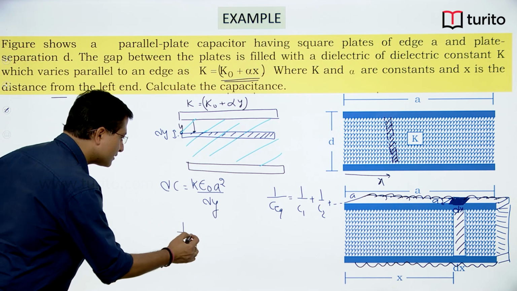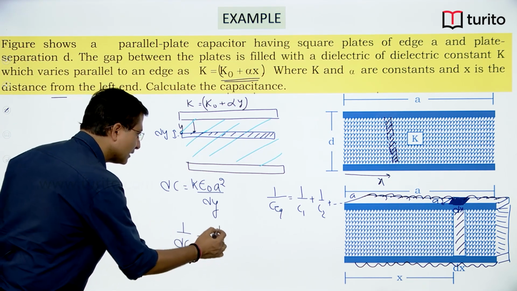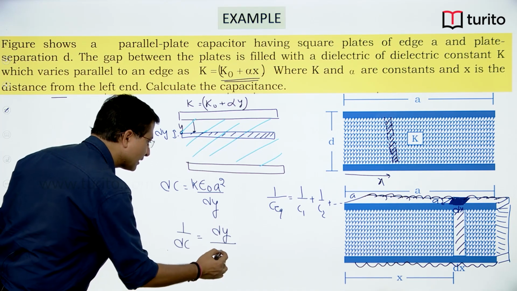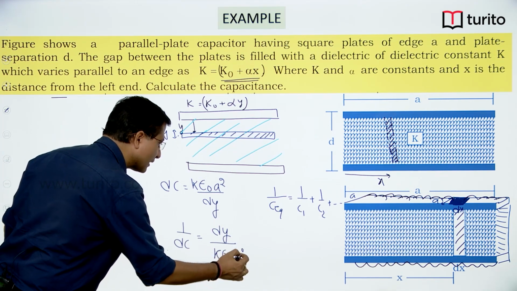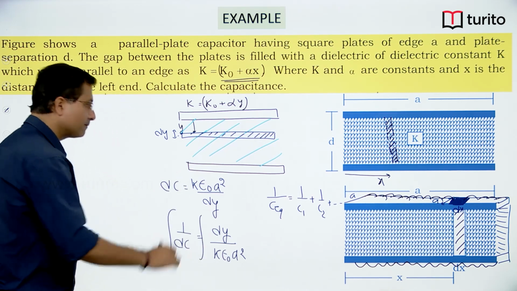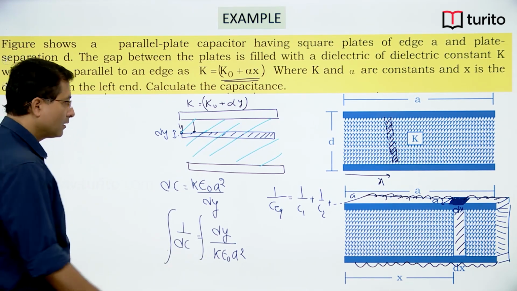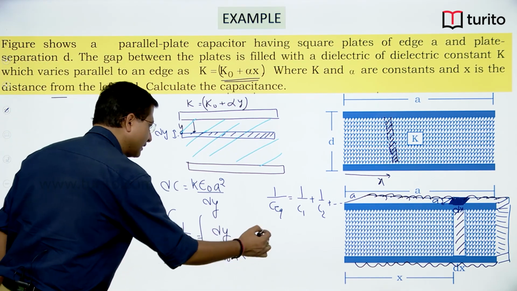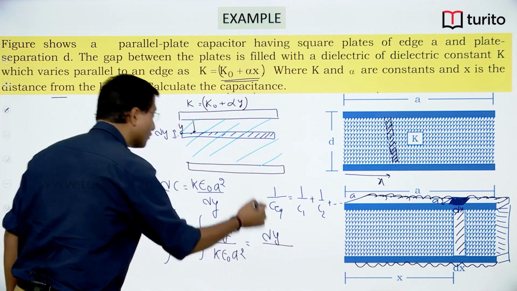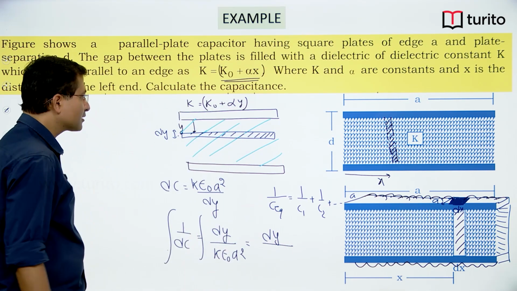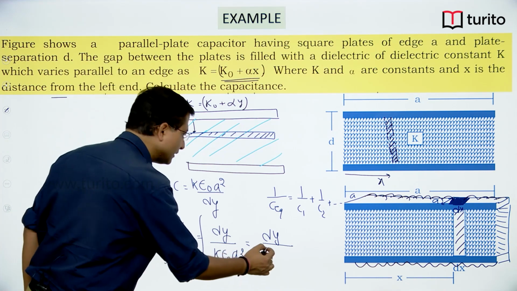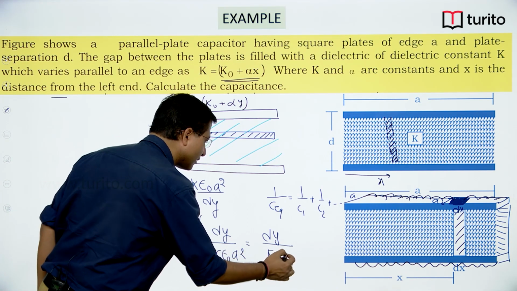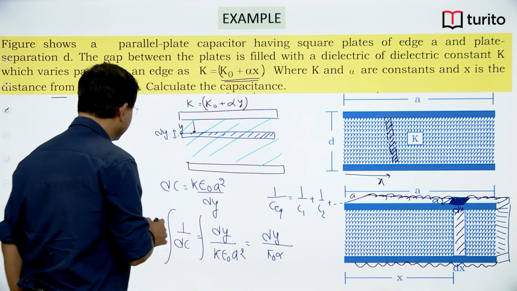So, 1 upon dC is dy over k epsilon naught A square, that I need to integrate. Substitute the value of k, we know k in terms of y, it is given in the expression, k naught plus alpha y.